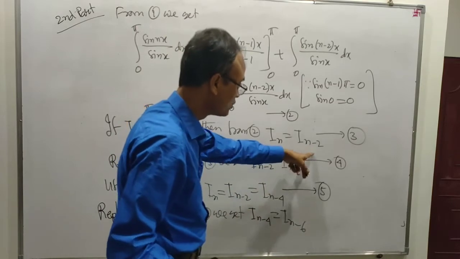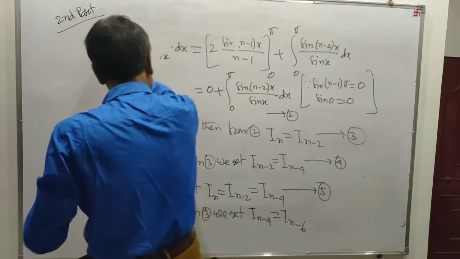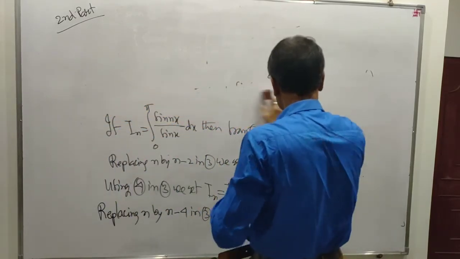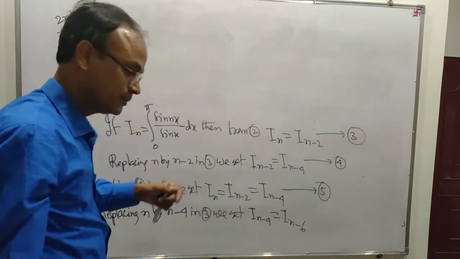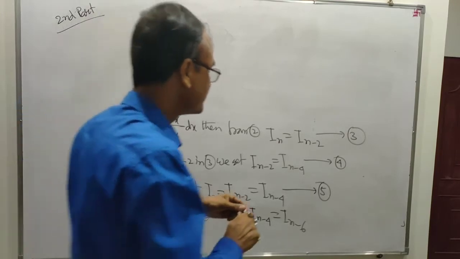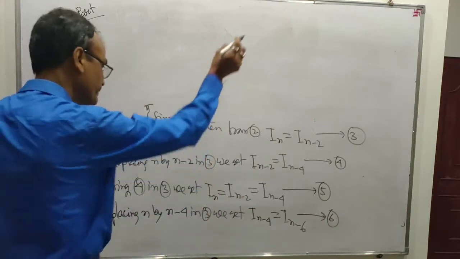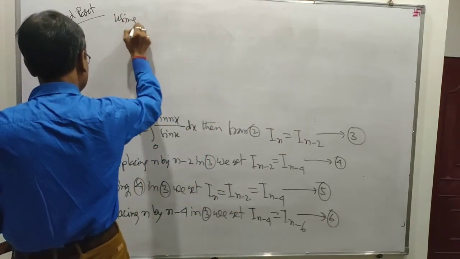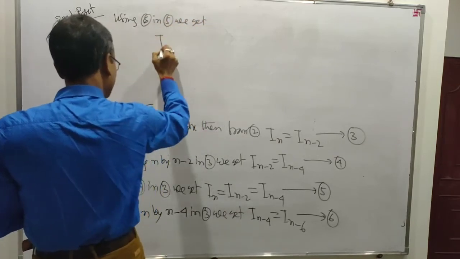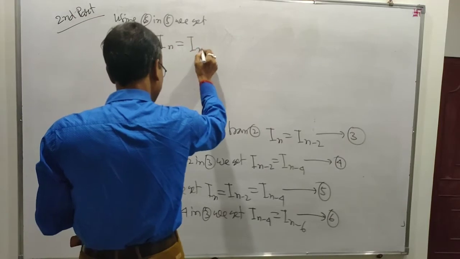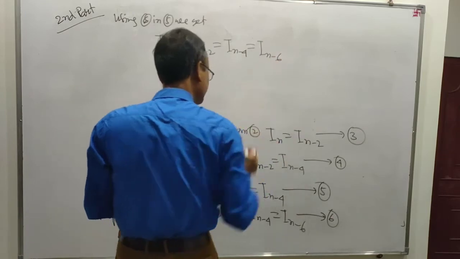Suppose this is number 6. Therefore, using 6 in 5, we get I_n equal to I_{n-2} equal to I_{n-4} equal to I_{n-6}.